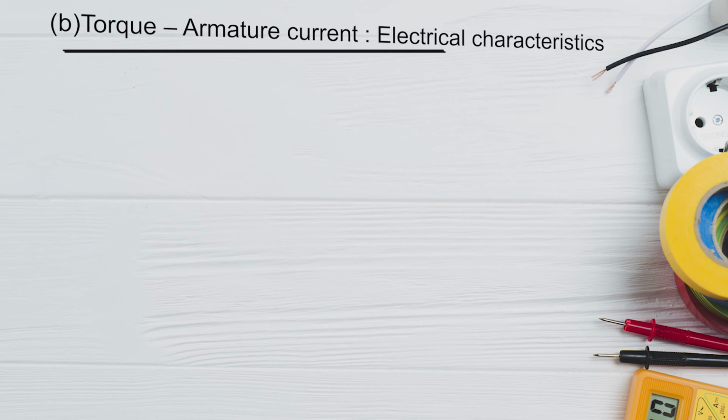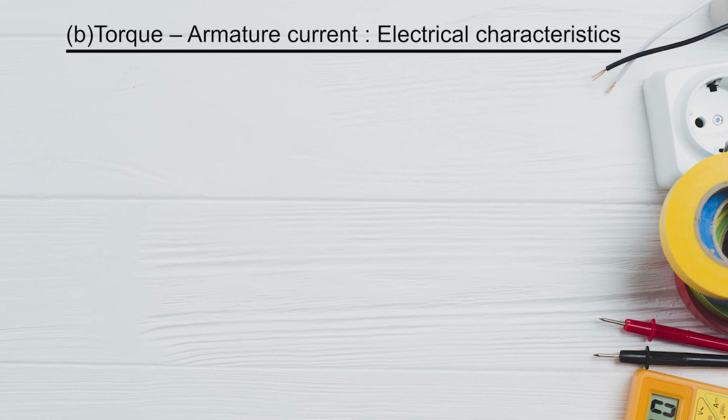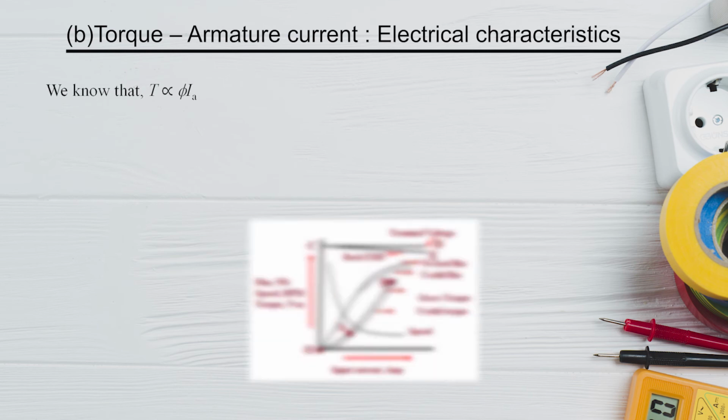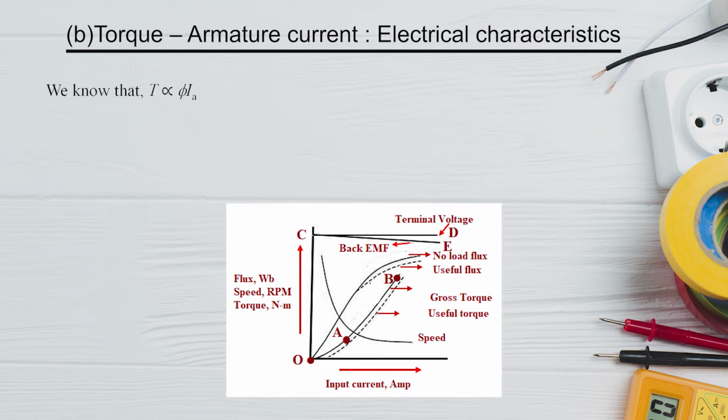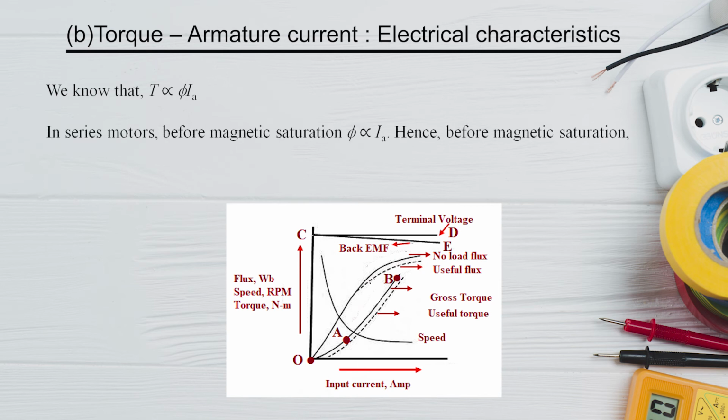Now we are going to discuss the torque armature current characteristic, which is also called the electrical characteristic for the DC series motor. So we know that torque in a DC motor is directly proportional to what? That is phi multiplied by armature current. In a series motor, before magnetic saturation, phi is directly proportional to Ia.